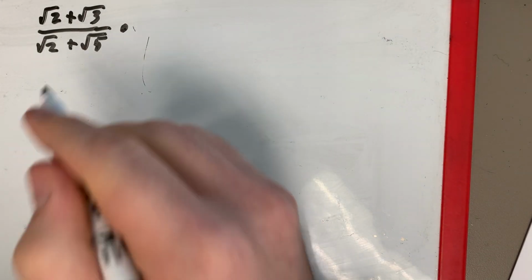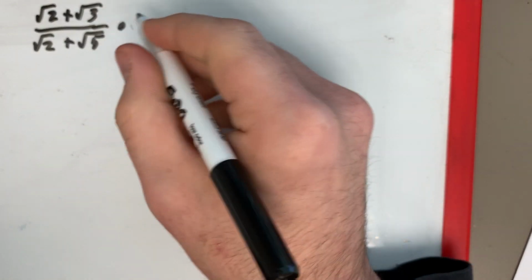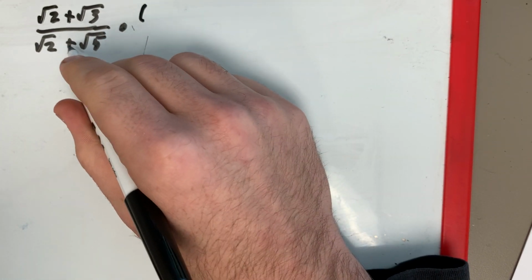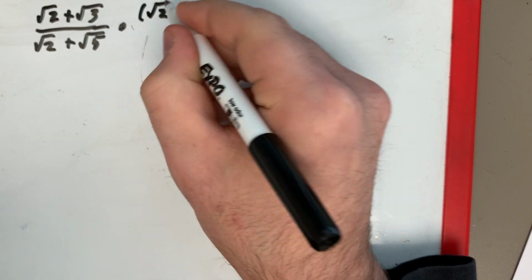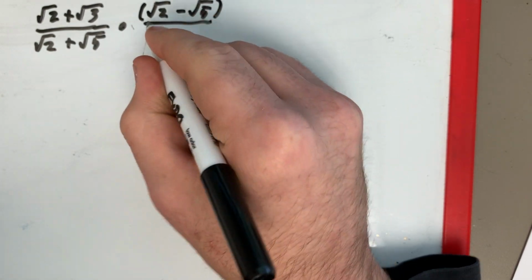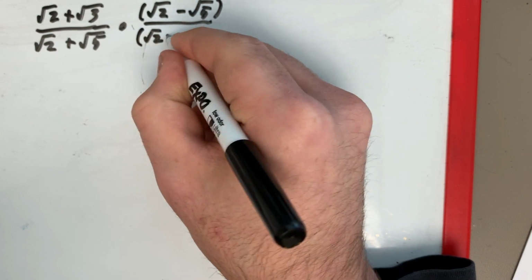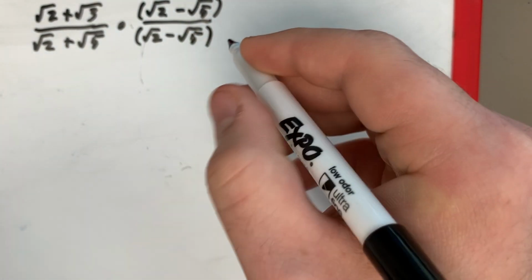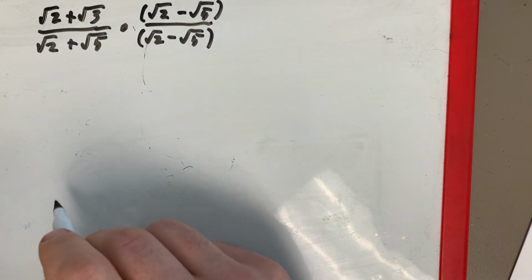Okay, how do we do it? Multiply by the conjugate of the denominator. That is, multiply by the negation of the center term here. So we have root 2 minus root 5 over root 2 minus root 5. Okay? So that's the conjugate of this bottom thing here.